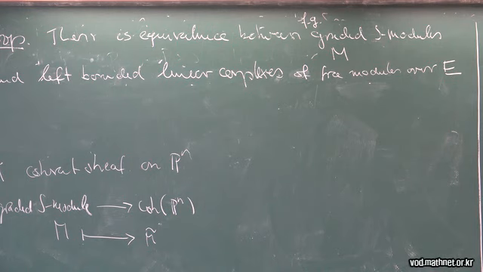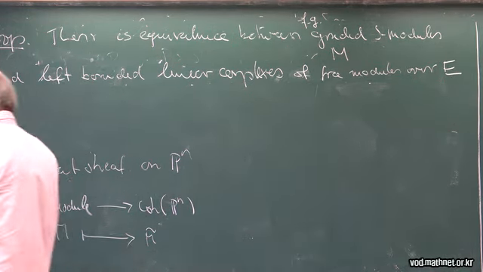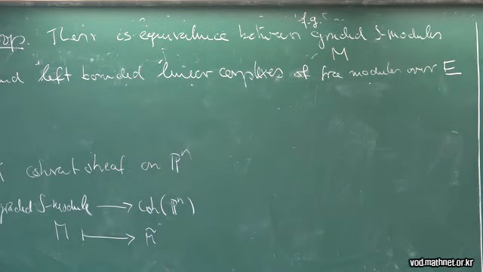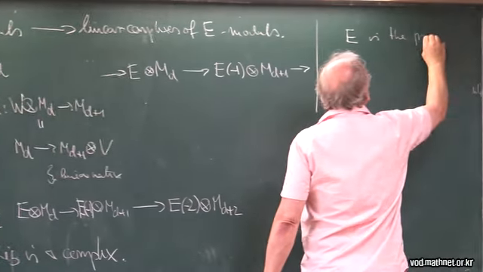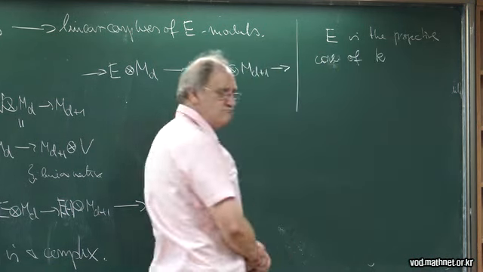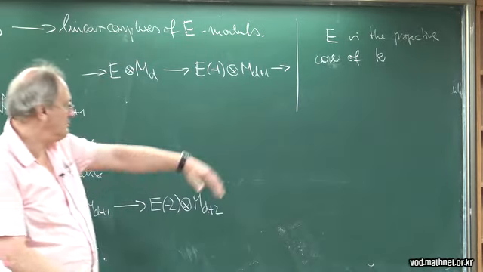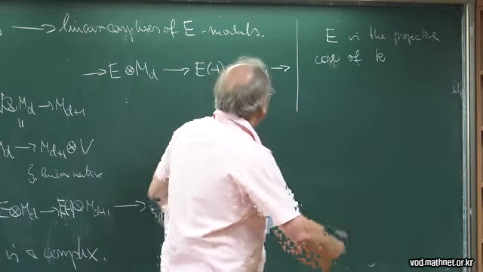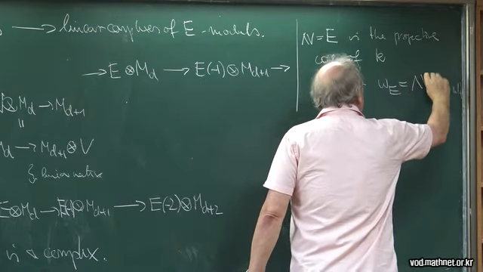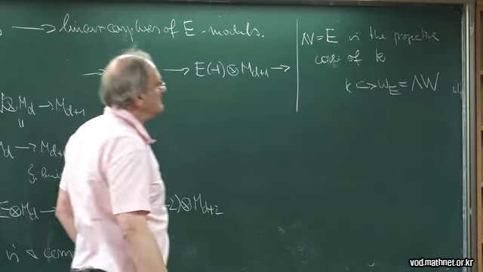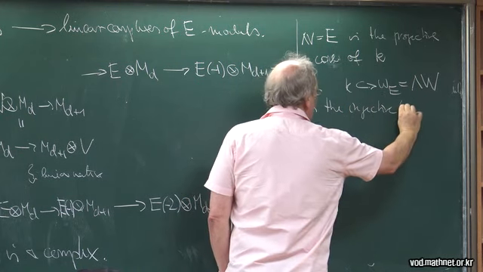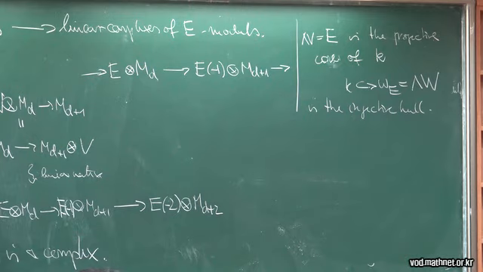The injective hull of the residue class field is actually omega_E. So E is the projective cover of K, as an E-module, with its maximal ideal, which was lambda V. Well, omega_E, which is lambda of W, which also contains a copy of K, is the injective hull.